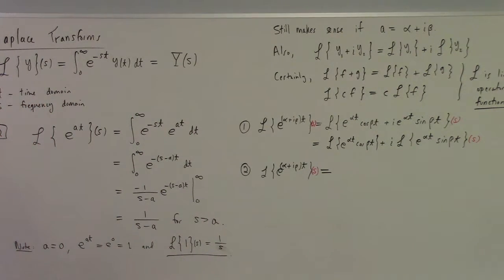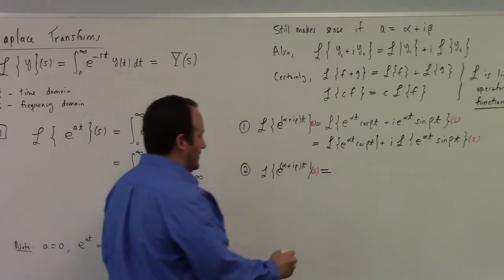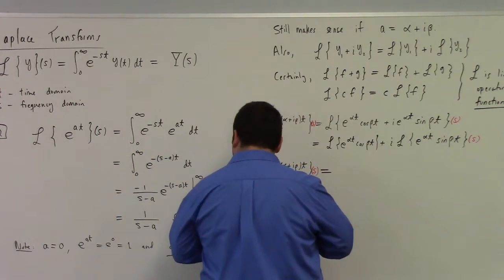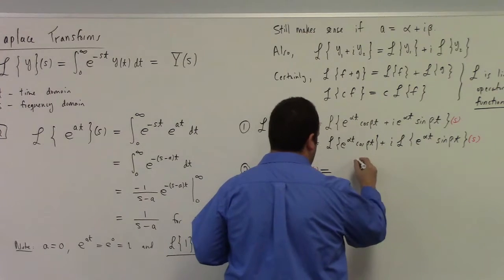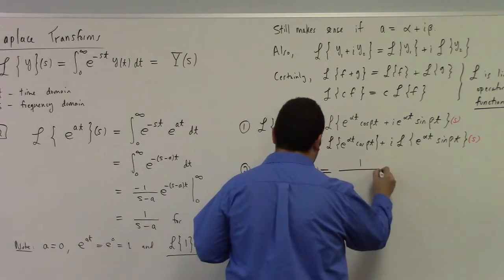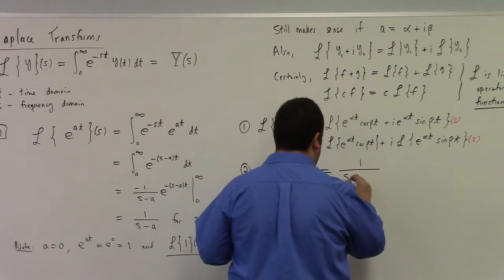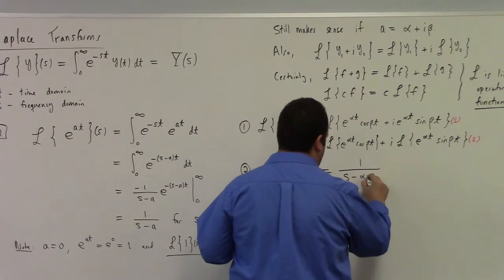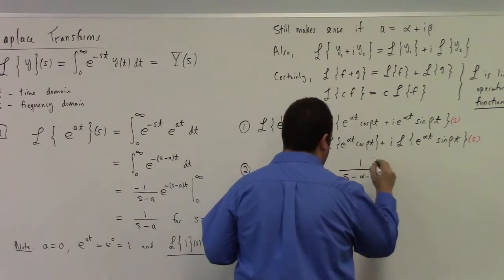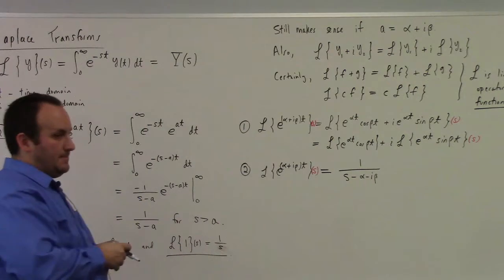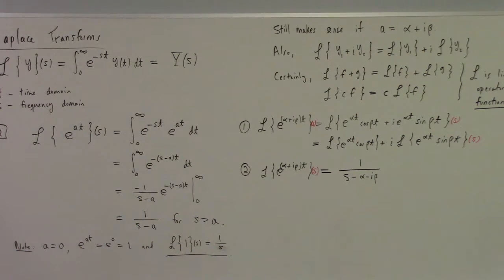That's evaluation at s, okay? So this is 1 over s minus a, but here a is minus alpha minus I beta.